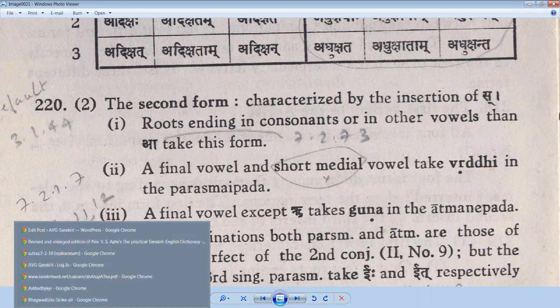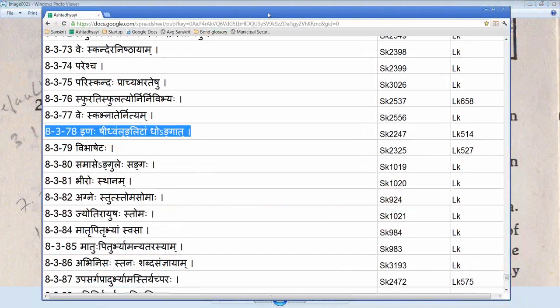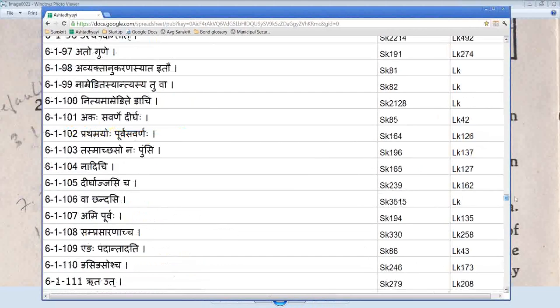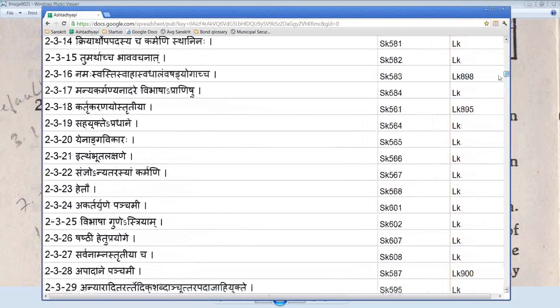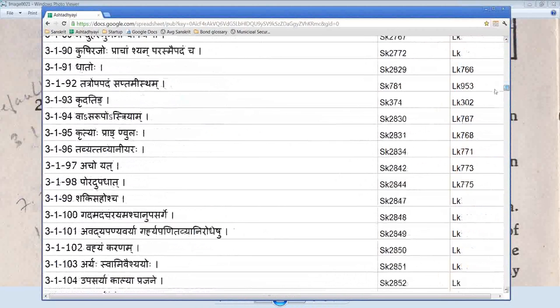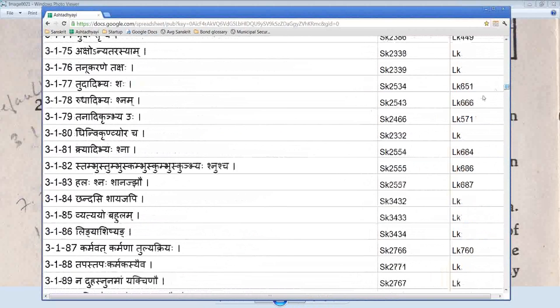So just to refresh our memory again, in the Ashtadhyayi, by the way, this is a new form of the Ashtadhyayi that we have now, with the cross-reference to the Siddhanta Kaumudi and the Laghu Siddhanta Kaumudi numbers. So that's an added convenience that we have now. So in this new Ashtadhyayi online, we have the Siddhanta Kaumudi and Laghu Siddhanta Kaumudi numbers.